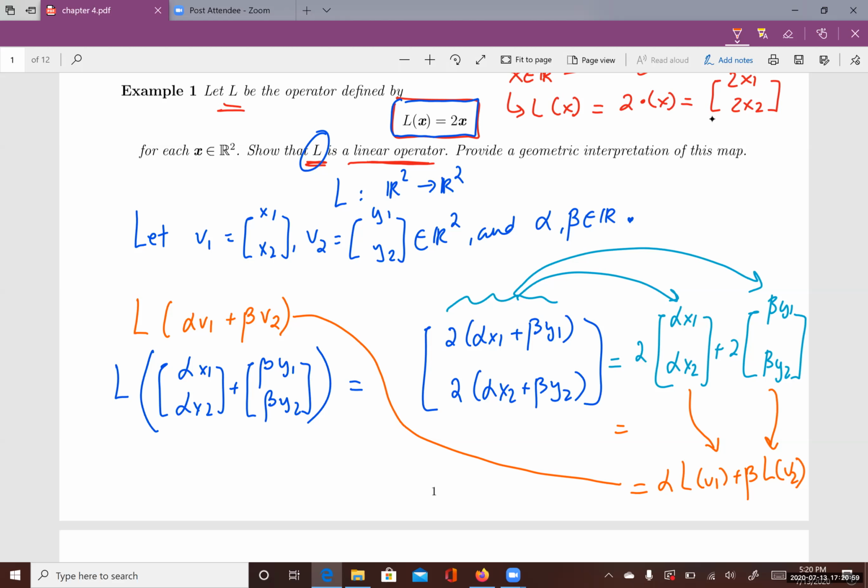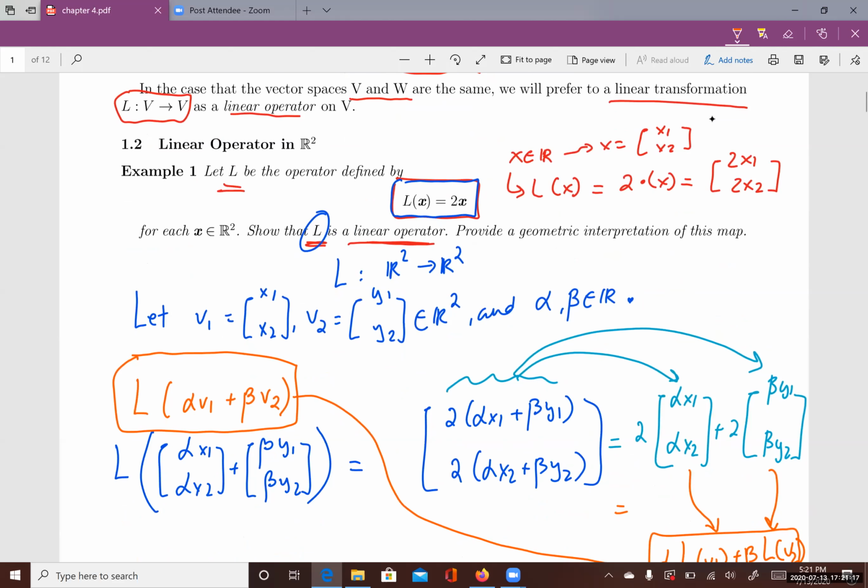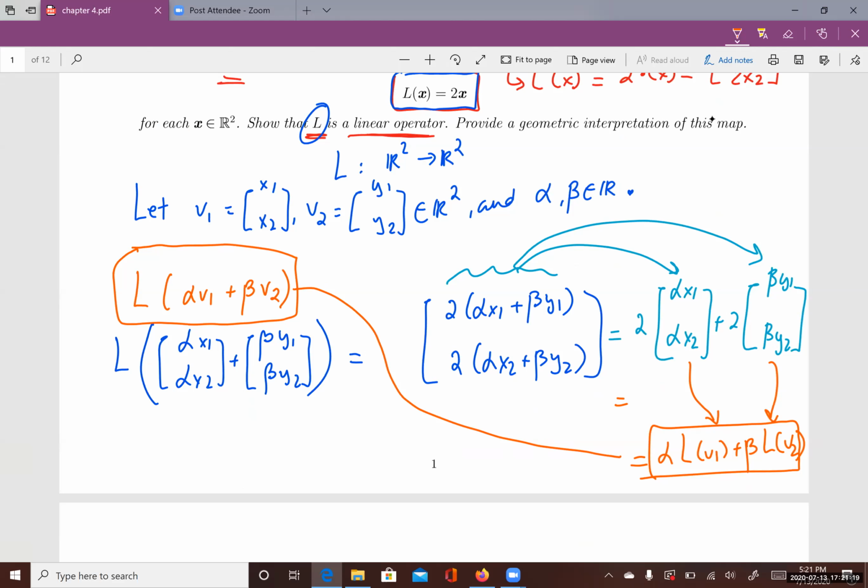We already showed that if we start with this expression, we end up with this expression, which is the definition of a linear transformation. By the definition, 2 times alpha x1 and alpha x2 is alpha times L of V1.